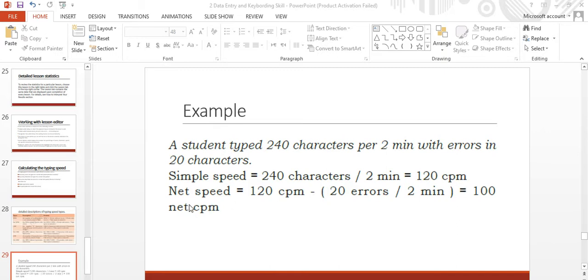And how will we find the net speed? Characters per minute, CPM 120, minus the errors, that is the errors divided by 2, equals 100 net CPM.